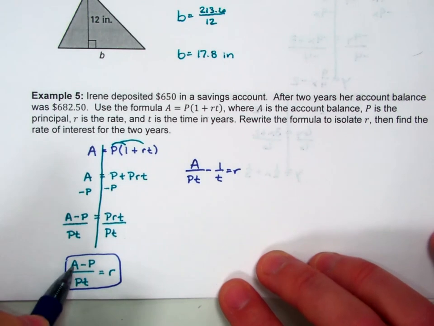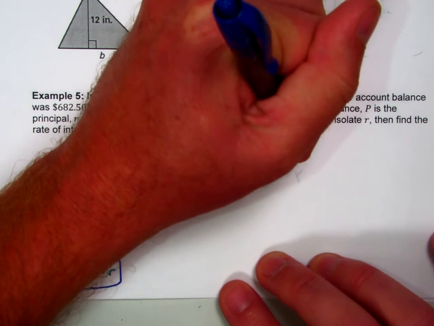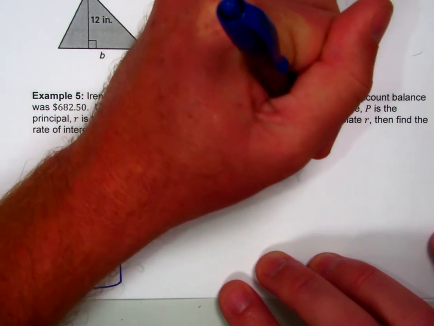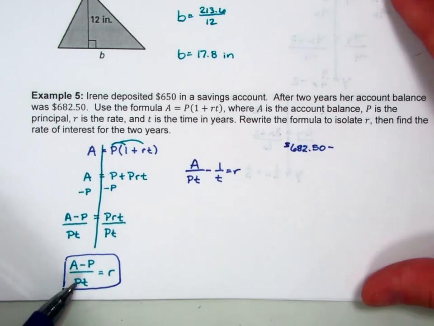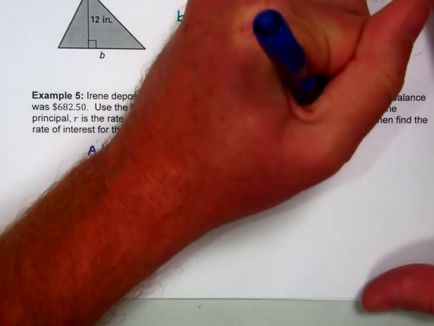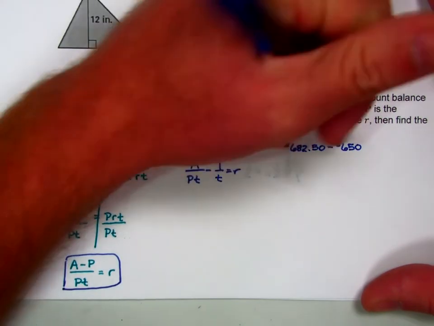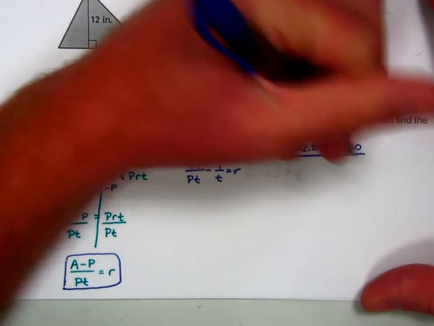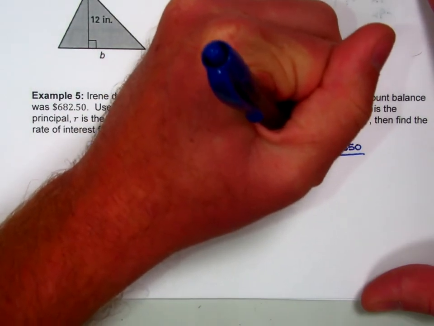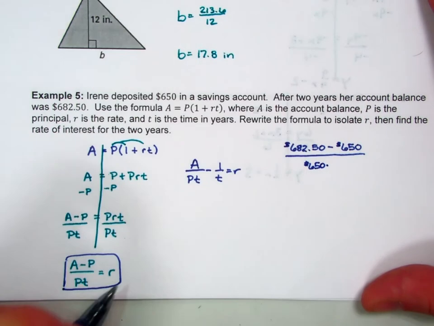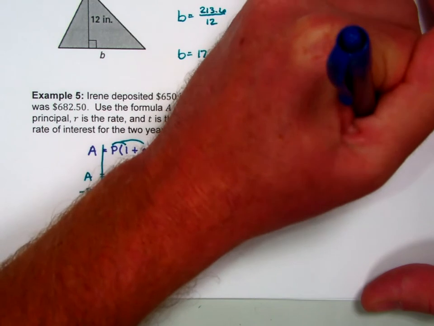So the account balance that we have is $682.50. From that, we're going to subtract the principal, how much we put in, which is a total of $650. And this is going to be divided by, again, the principal, which is 650, times the time in years, which in this case was 2 years.